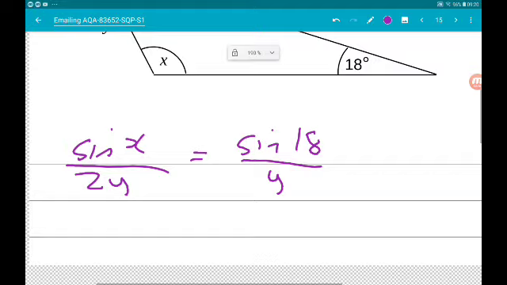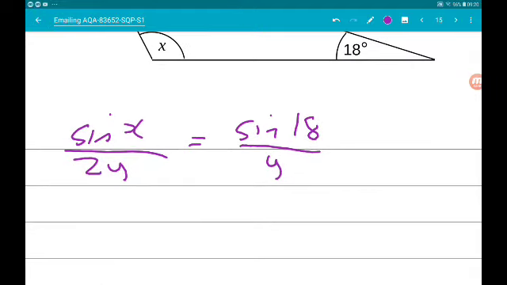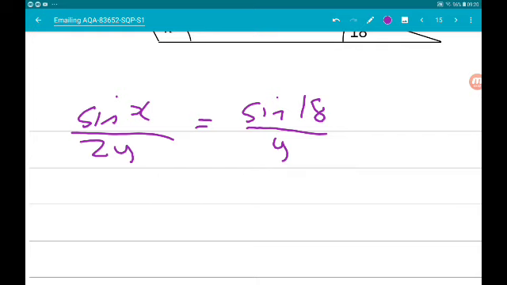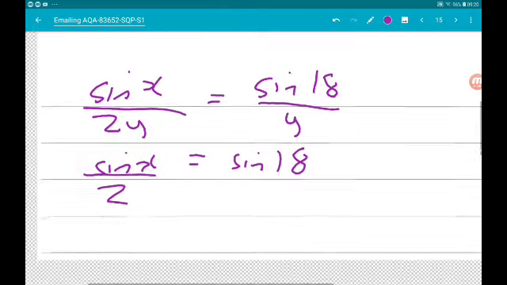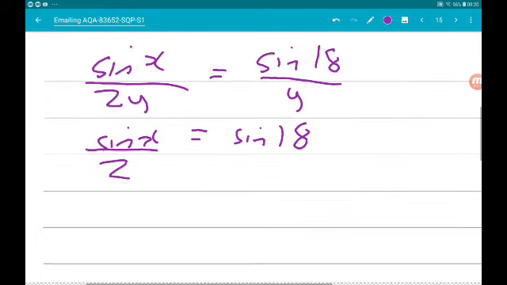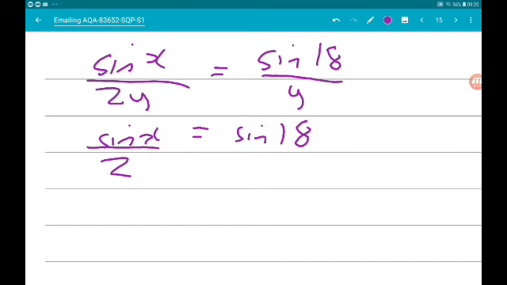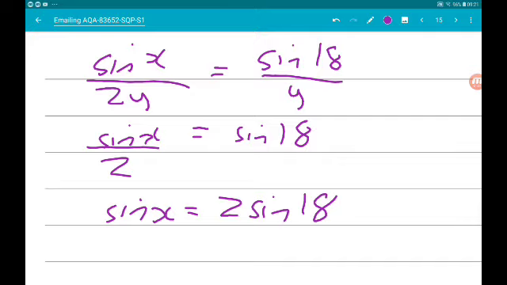Now, both fractions here have a y on the bottom, so we can multiply through by y and they will disappear. So we get sine of x over 2 is equal to sine of 18. We then want to get sine of x on its own, multiply through by 2. Sine of x is 2 sine 18.